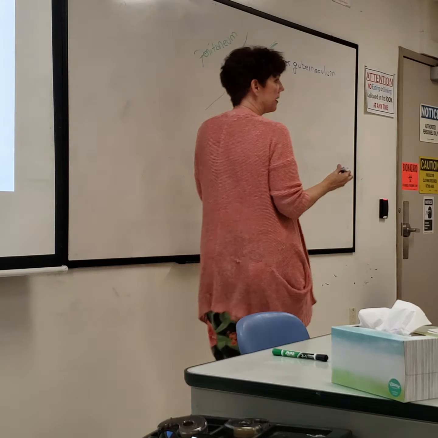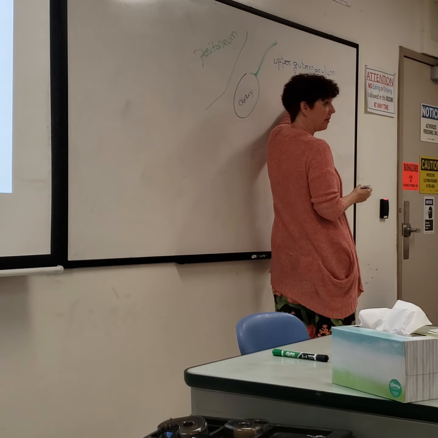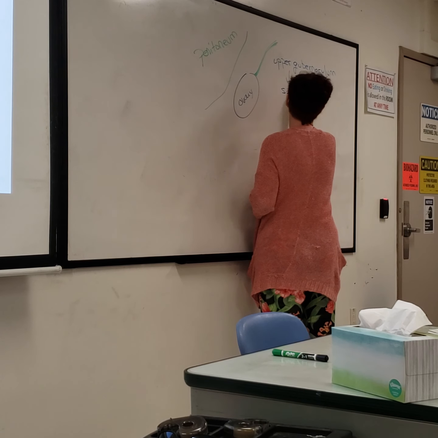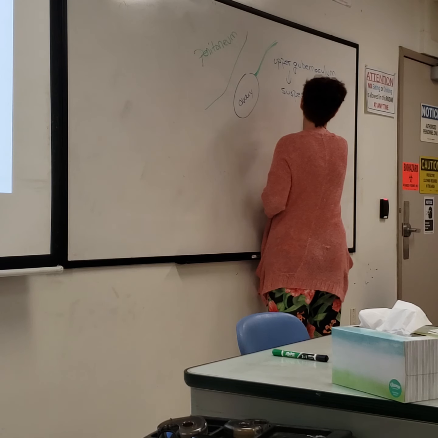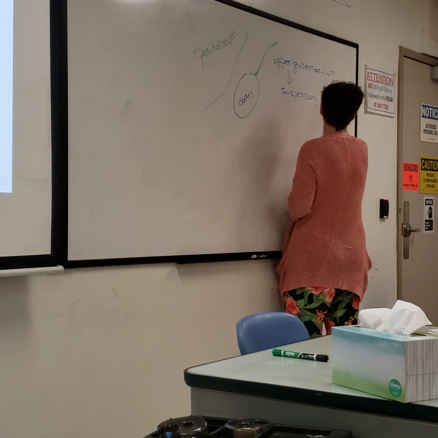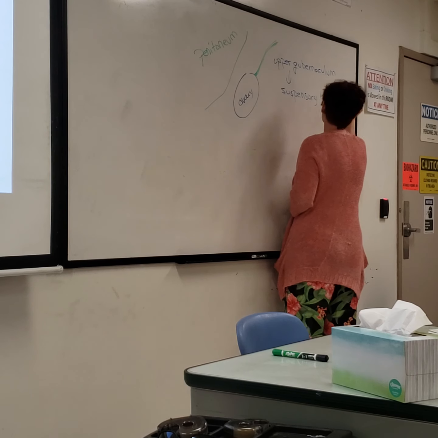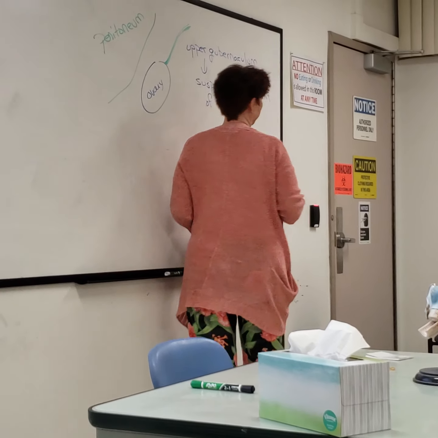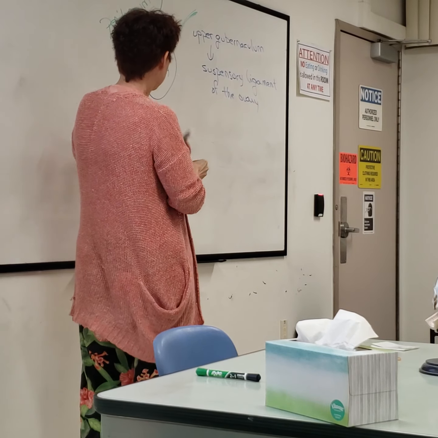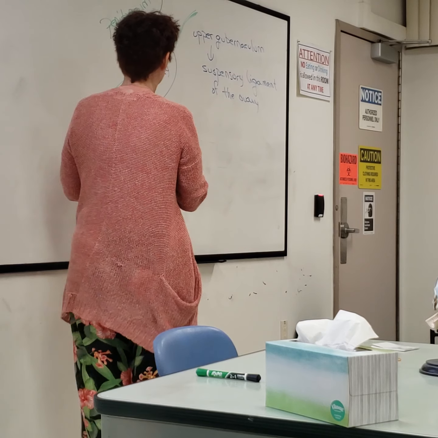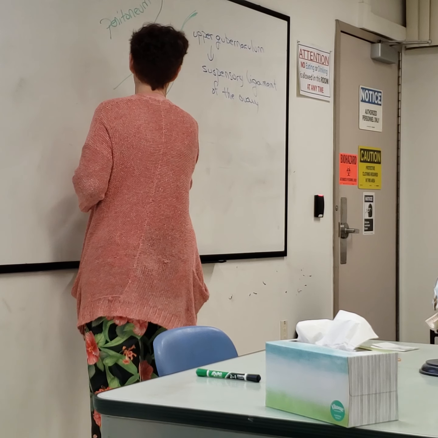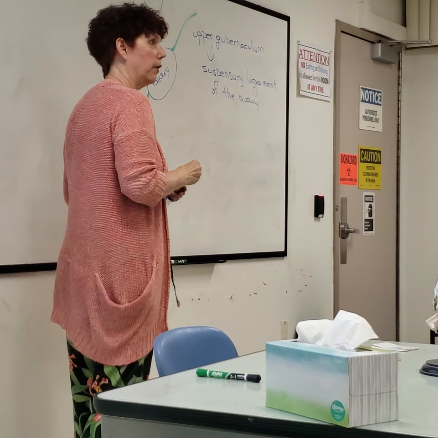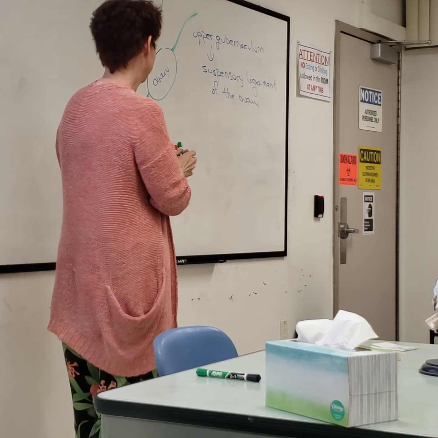All right, so the suspensory ligament of the ovary develops from the upper gubernaculum. Then on the lower border here of the ovary, we have another ligament. And that, of course, is going to be the lower gubernaculum.